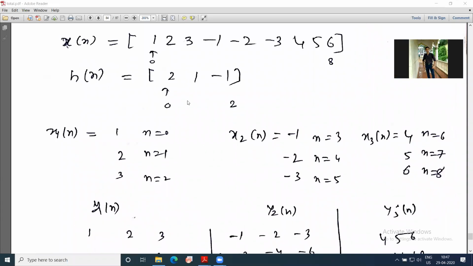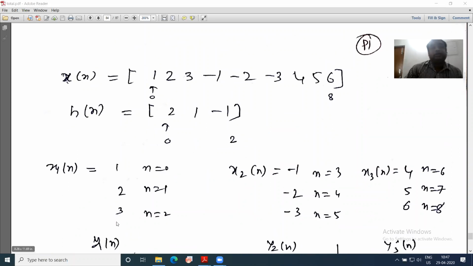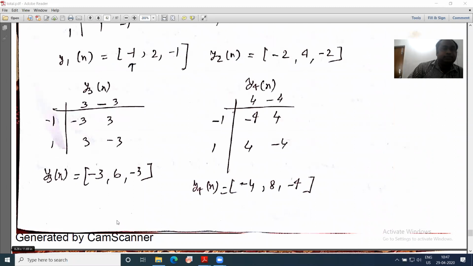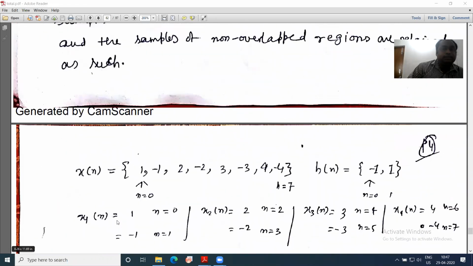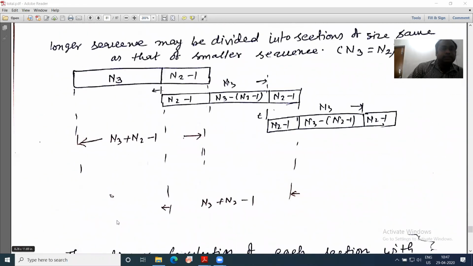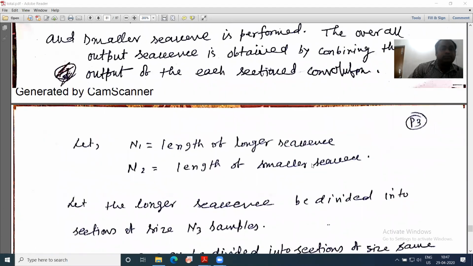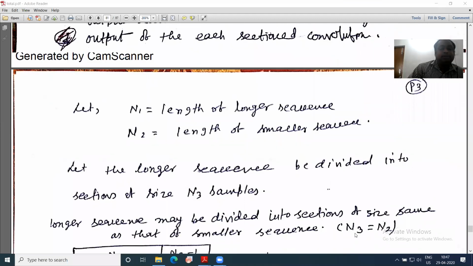Now what I did here is take this length as I explained in the theory. In this theory, I said n1 is the length of the longer sequence, n2 is the length of the smaller sequence, and n3 is the number of samples into which the sequence is divided. That n3 may be equal to n2.